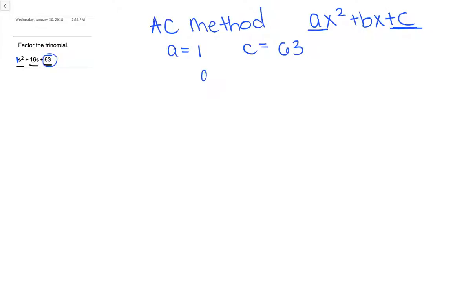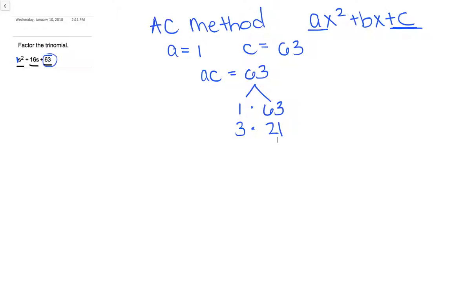Next, you multiply the A and the C together, which will give us 63. Now we want to write the factors of 63. So we have 1 times 63. 63 is not divisible by 2, so we can't list that down. 63 divided by 3 is 21, so we have 3 and 21.